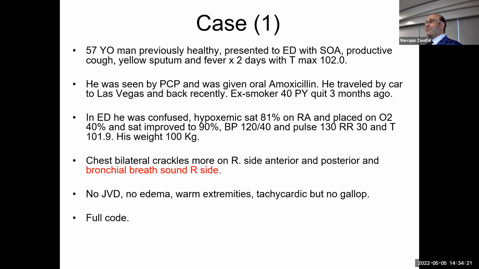You can have fever, cough and phlegm with bronchitis, right? So your physical exam, the bronchial breath sound, confirms that you have pneumonia. Anything else give you bronchial breath sound? No. So pneumonia, agreed.